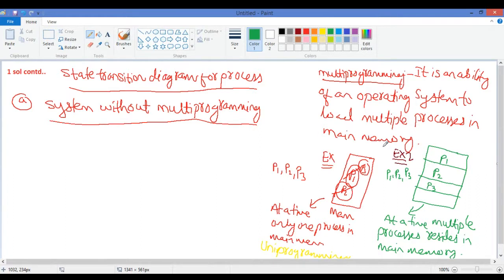Let me repeat: it is an ability of an operating system to load multiple processes in main memory. Okay, clear.